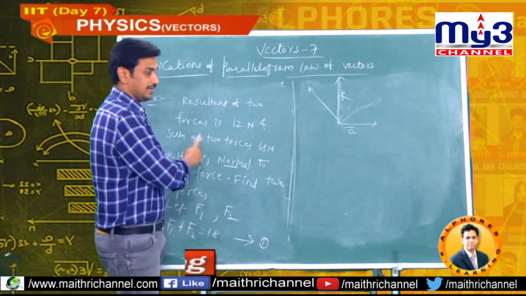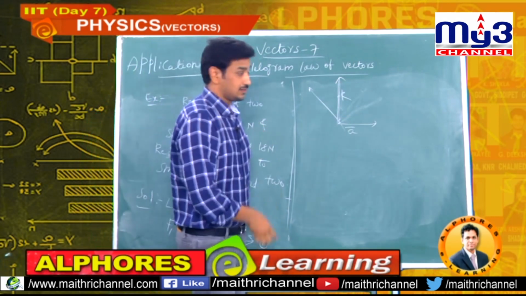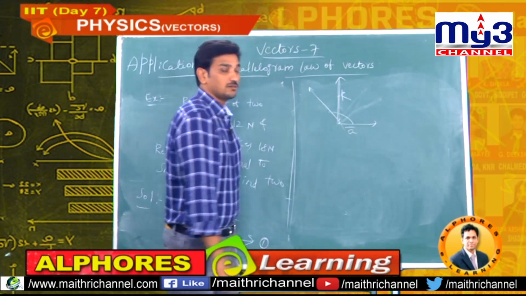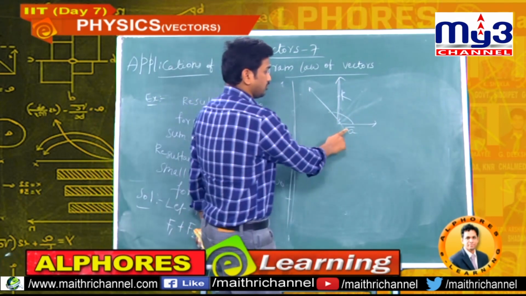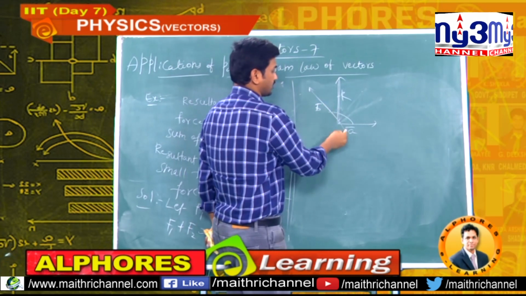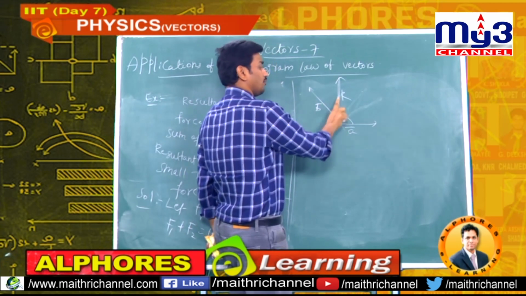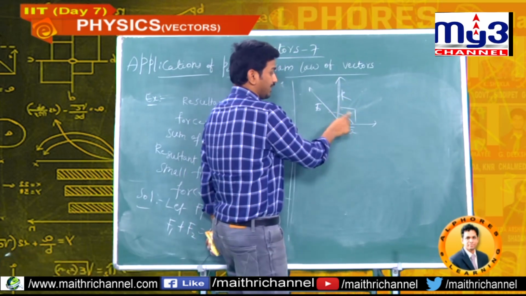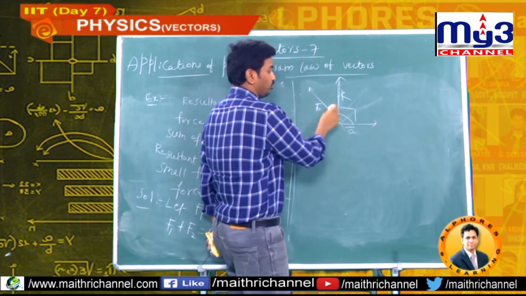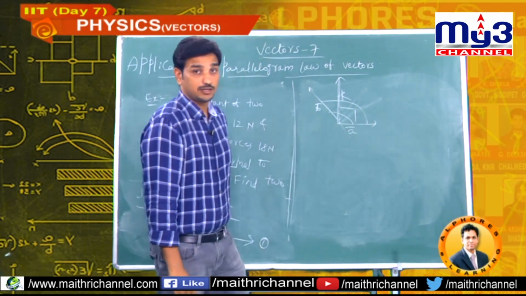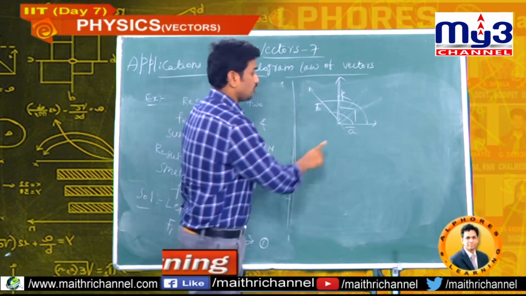Previously we were getting less than 90 degrees. Now the angle between the two vectors is more than 90, because with two vectors as two sides, the resultant is always between. To get this, the two vectors should be more than 90 degrees, then only is the resultant of a bar and b bar normal to a bar.